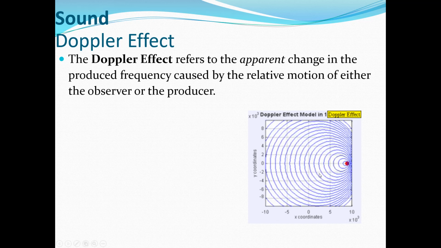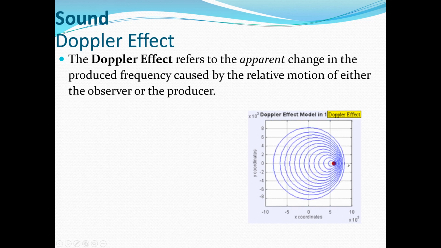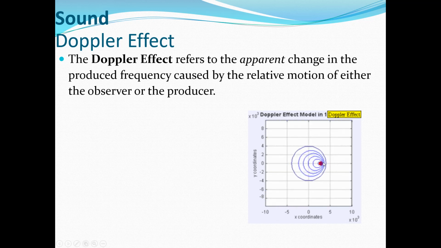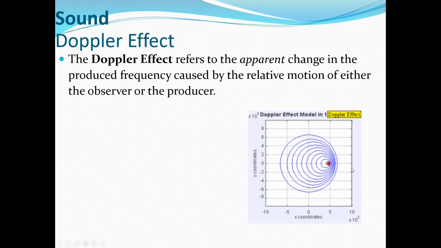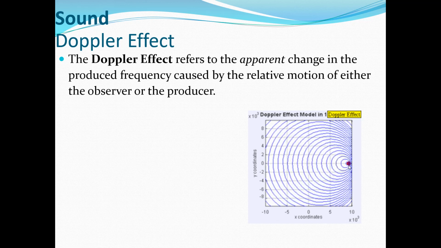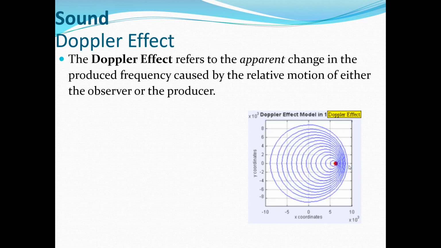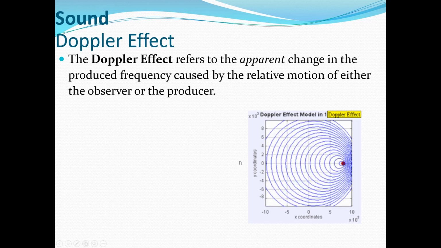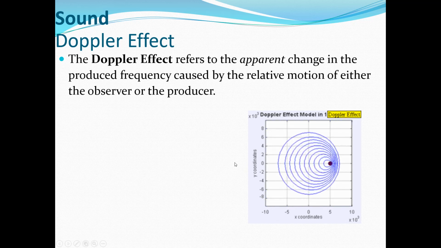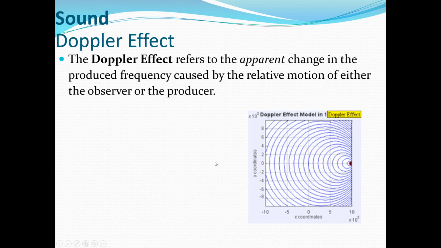It starts getting further and further apart. So in the direction that the object is traveling, or where the relative motion is, the wavelengths get really, really small. And because of the inverse relationship between wavelength and frequency, the frequency that's going to be perceived is going to be very high. On the flip side, the section where it's going away, the wavelength gets really large, meaning that the frequency gets really, really small and decreases.